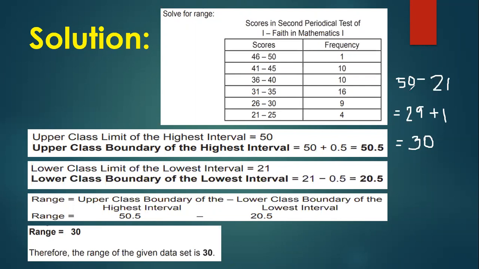In this method, you get the upper class limit of the highest interval, that's 50, then subtract the lower class limit of the lowest interval, that's 21. Then subtract, it will be 29. Then just add 1, that is 30. That is your range. Okay? Any question?